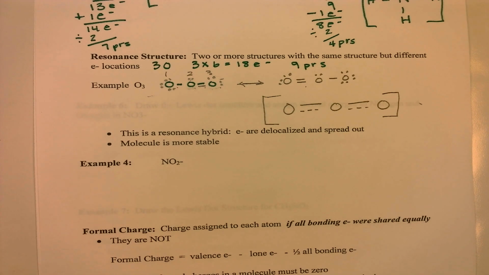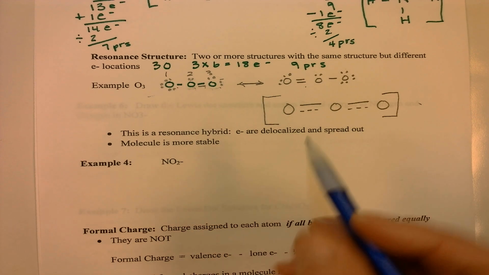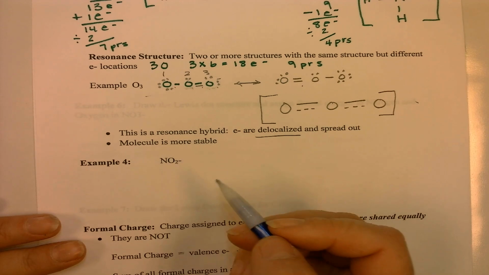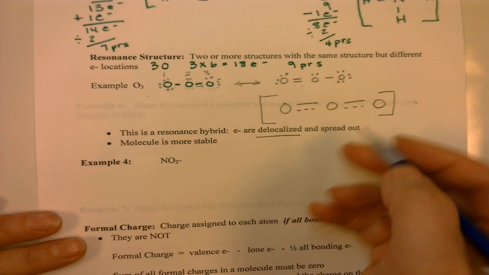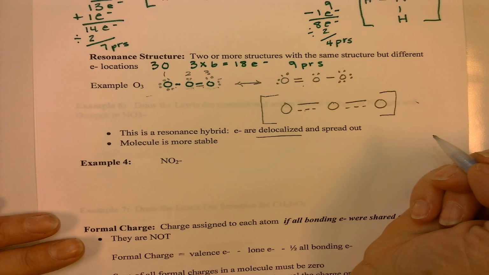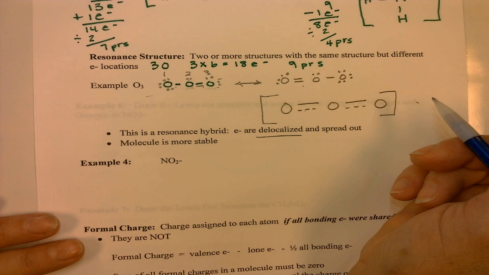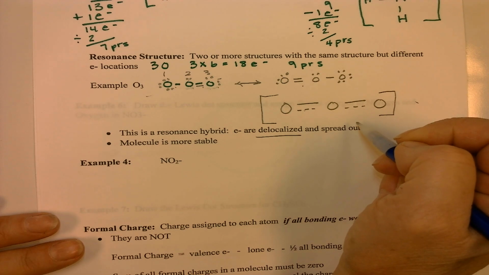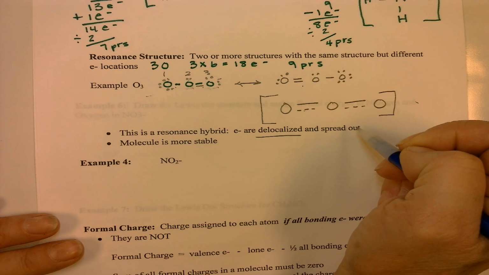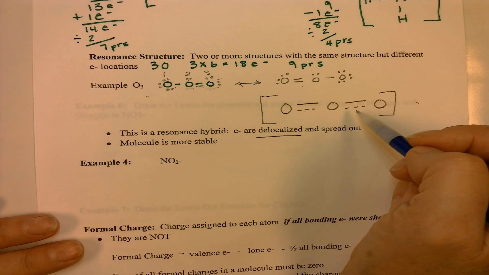All right, this is a resonance hybrid, and the electrons are delocalized, and they are spread out. And the molecule is more stable when it's in this hybrid formation. But to be clear, if you draw the hybrid structure when they ask for one of the resonance structures, that is not what they're looking for.